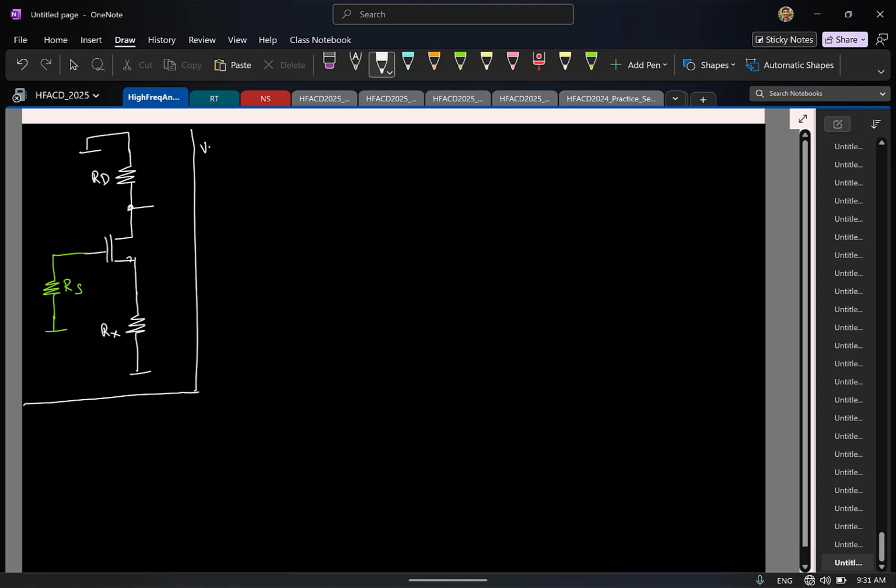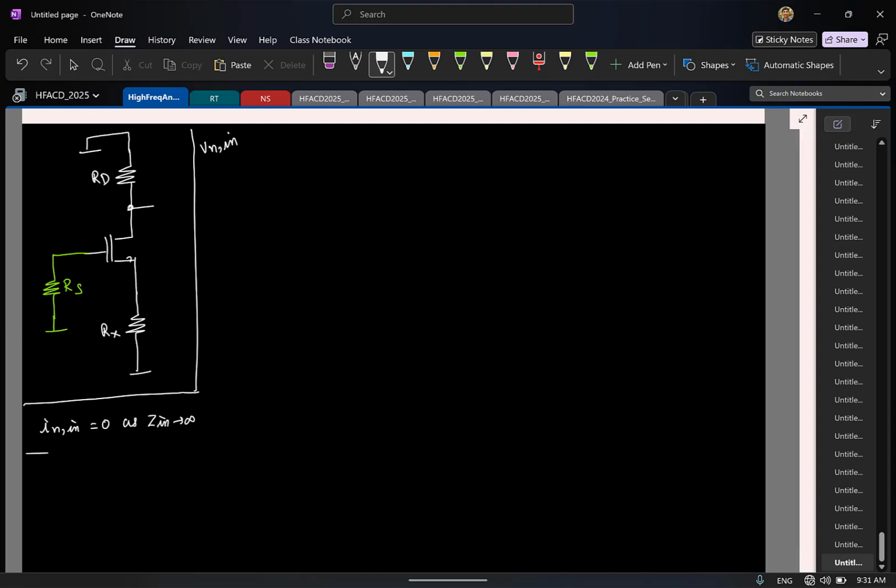So I'll find only the noise voltage, because I'll directly write In is 0 as Zin is infinity. Straight away you can write it. And for finding the input referred noise voltage, what do I do for the source resistance Rs? 0. Fine. So let's repeat the calculations for this.